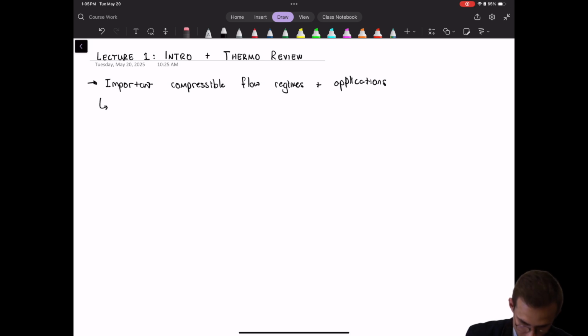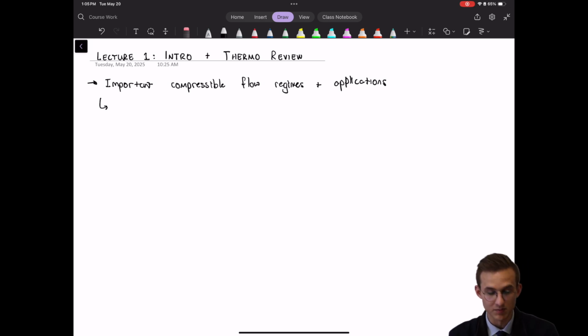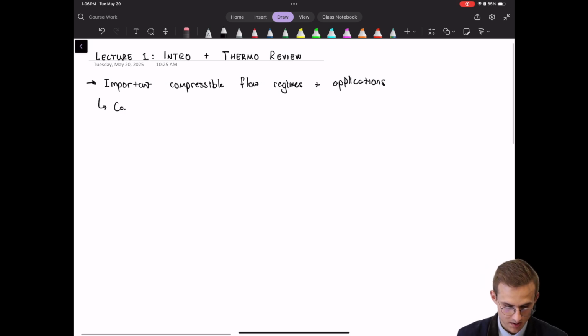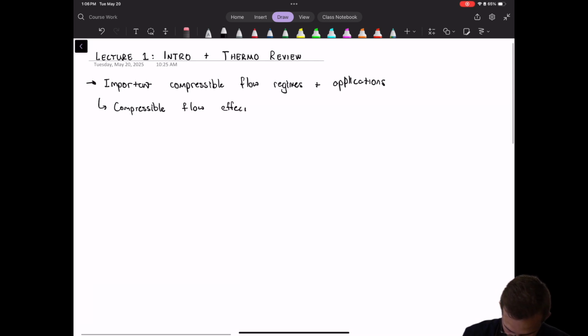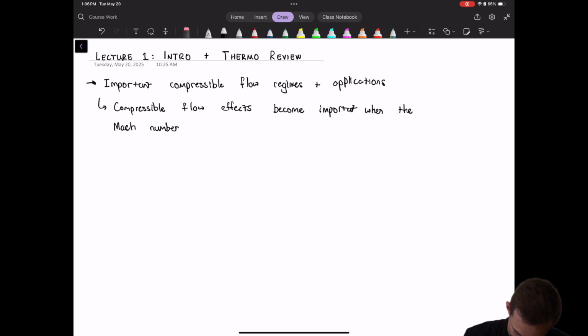So importantly, compressible flow effects become important when the Mach number, which is a parameter that you'll become very familiar with in this class, is greater than about 0.3.